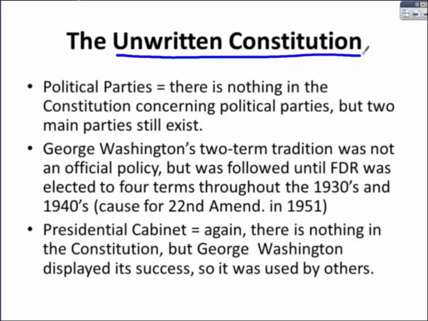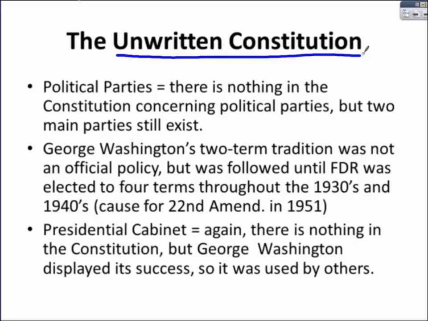There is absolutely nothing in the Constitution concerning political parties, but 2 main parties, the Democrats and the Republicans, do still exist. As a matter of fact, in George Washington's farewell address, he advises against becoming a member of a political party because he thinks it is entirely too divisive. I tend to agree with that statement, but nonetheless, we do still have 2 main political parties today.